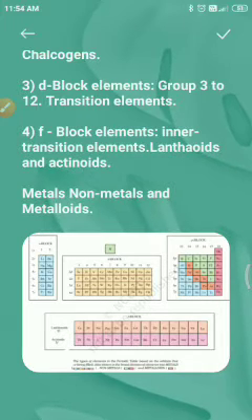Non-metals are also called semi-metals or metalloids. Metals comprise about 78% of the known elements, and they appear on the left side of the periodic table.